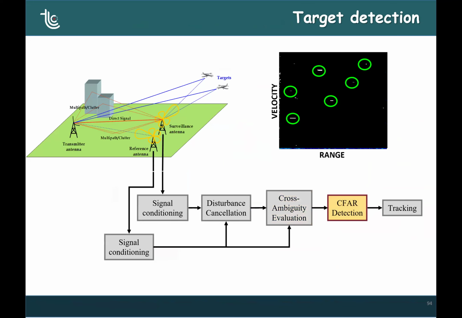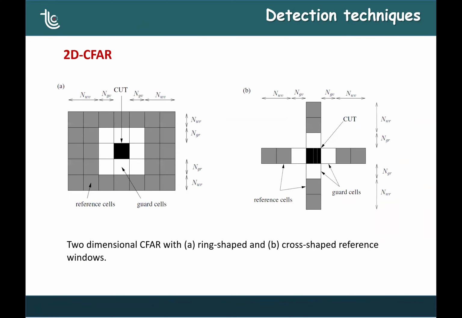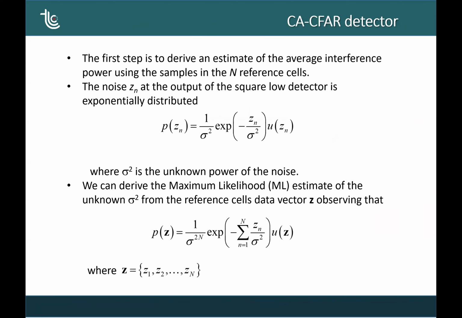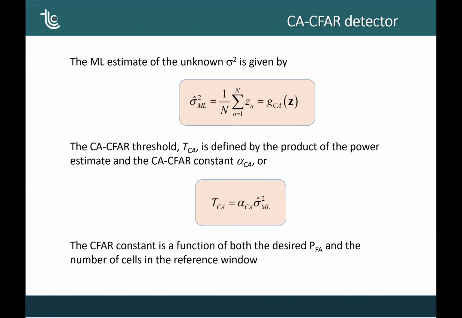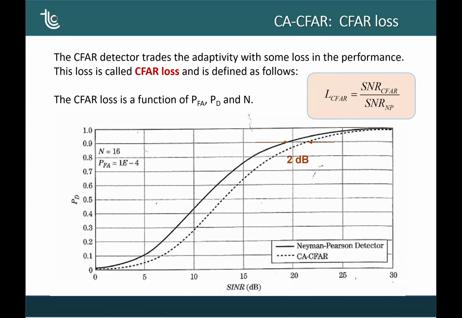Then we have seen, after the cross-ambiguity function, how we implemented the detection techniques. And we have seen some of the CFAR techniques, the CA in particular, and then all the problems that the CA can face and some of the solutions to these problems. We have seen the importance of the guard cells in the extended targets.